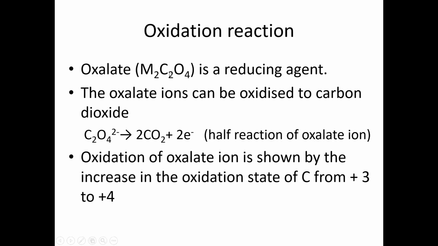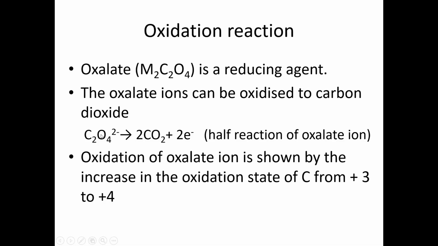Your metallic oxalate, M2C2O4, which is the same thing as (COO)2M, is a reducing agent. The oxalate ion can be oxidized to carbon dioxide. So this is the oxalate ion, C2O4^2-. Remember, your M here is the metal.